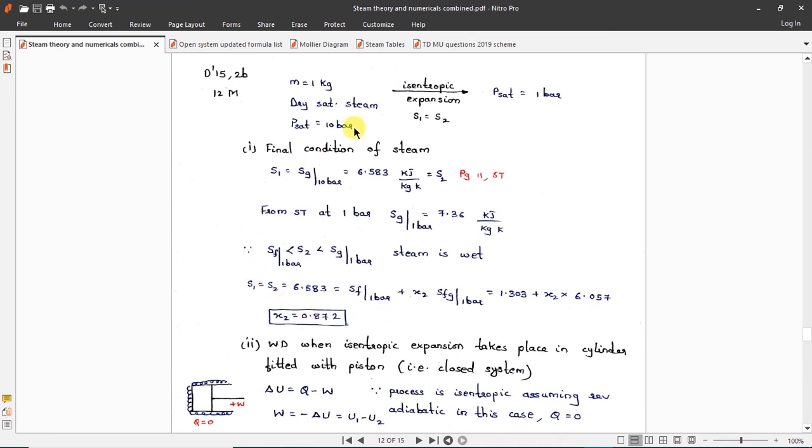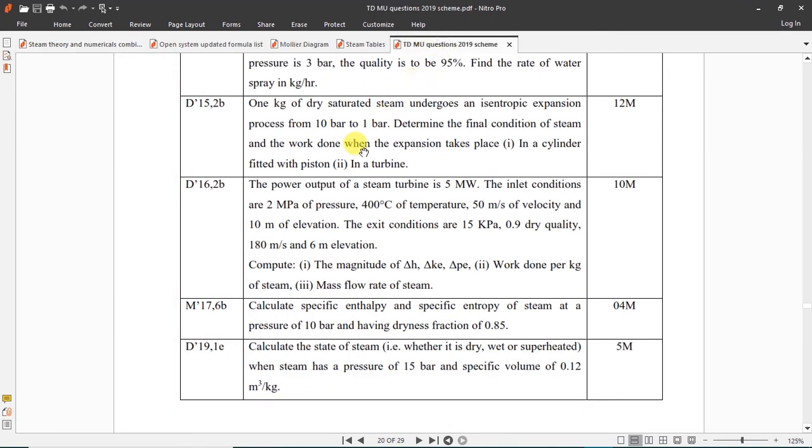Now the question is very interesting over here. This isentropic expansion will occur in two ways: first in a cylinder fitted with a piston, which is a closed system, and second in a turbine, which is an open system.